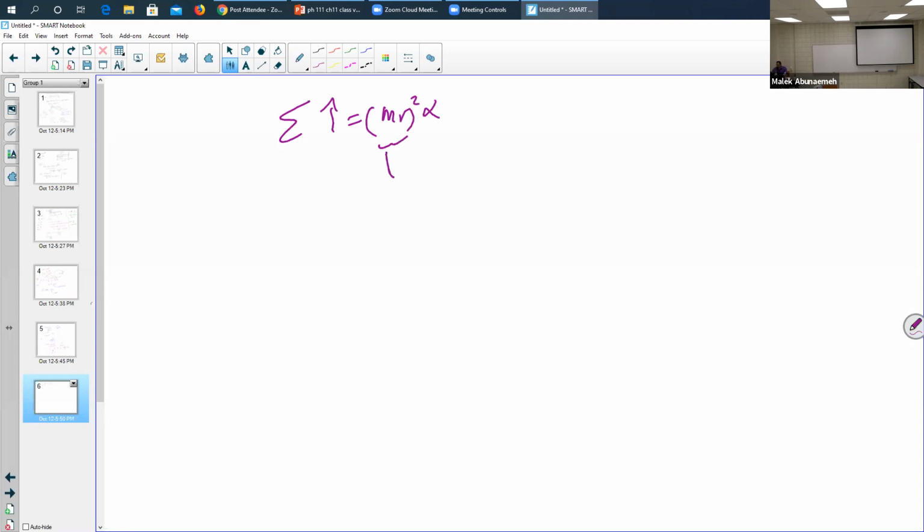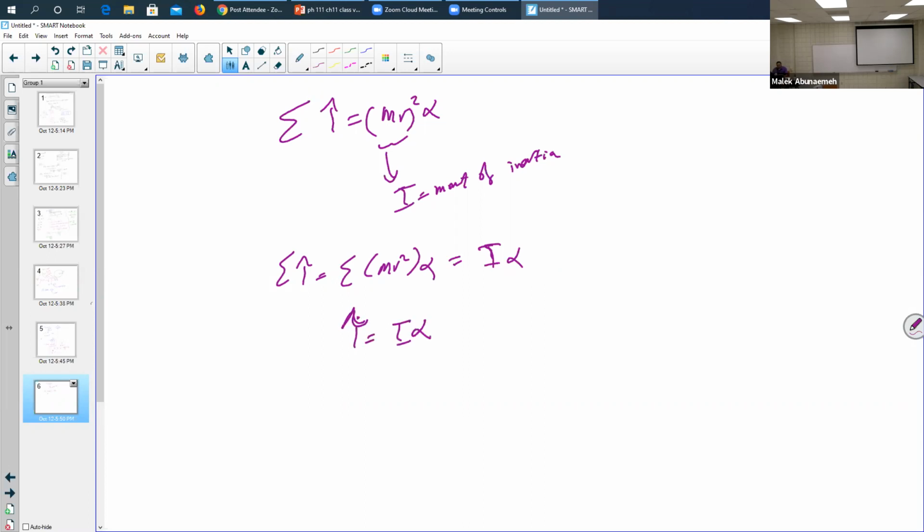Now, your mr squared, that's your I, moment of inertia. That means your summation of all the torque equals your summation of mr squared multiplied by alpha, which is going to equal I alpha. So your torque is going to equal I alpha.